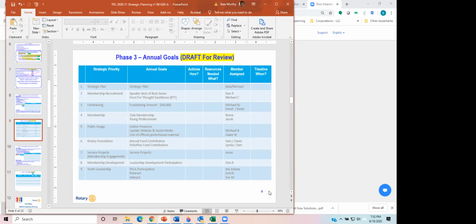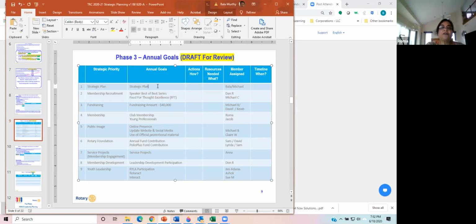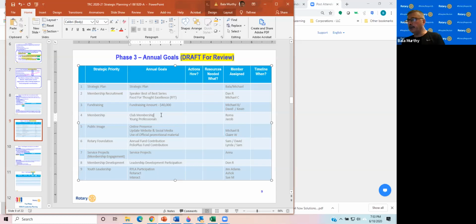But Bala, I'm not sure we would know all the goals. That was my point earlier, is I think this page, if we do the higher level goals based on combined club knowledge, and then the members assigned take that lead and develop initiatives that go underneath all those, right? And come back on June 25th and present those. I thought that was, I mean, maybe I misunderstood, but no, you're right. We have to do two things.